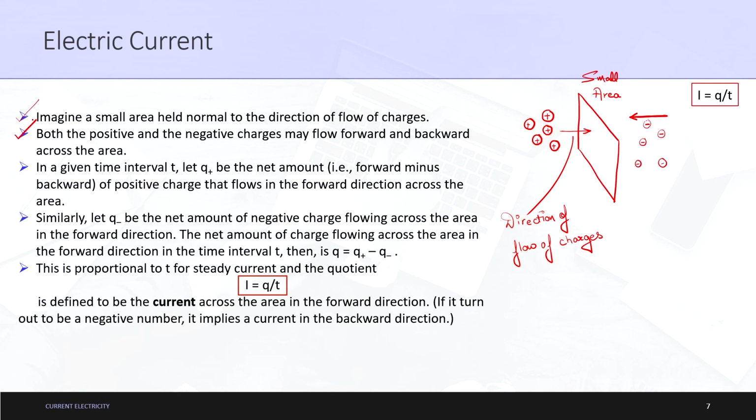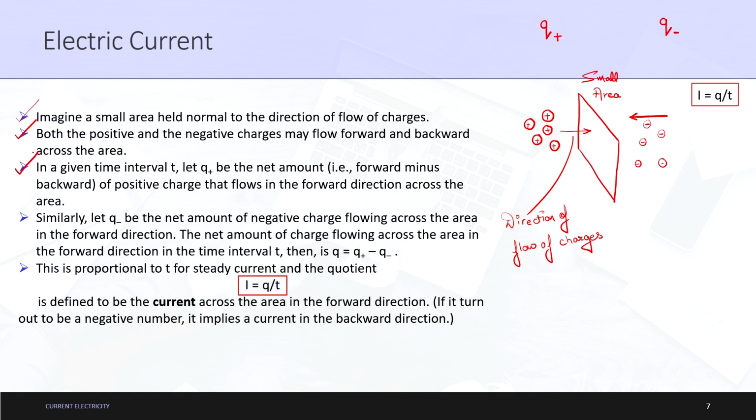Now in a given time interval t, let q plus, q with subscript plus, denote charges with positive charge, and similarly q minus is also written here. Let us denote this by q with a subscript of minus. That means these spherical balls are assumed to be of negative charge. Okay. So in a given time interval t, let q plus be the net amount, that is forward minus backward, of positive charges that flow in the forward direction across the area.